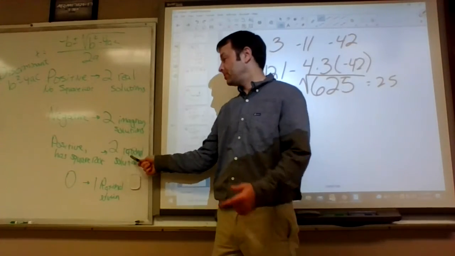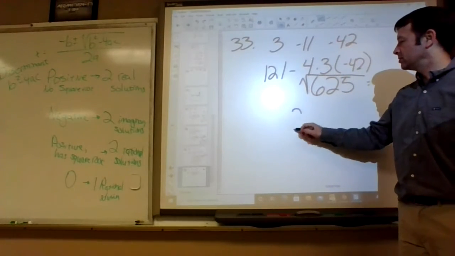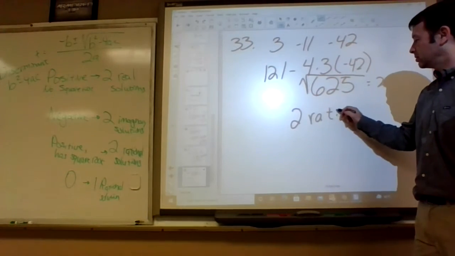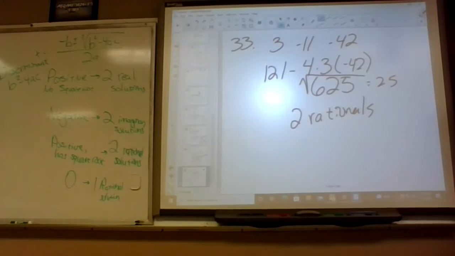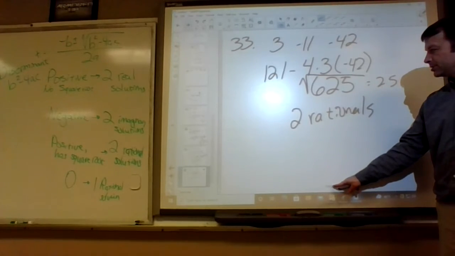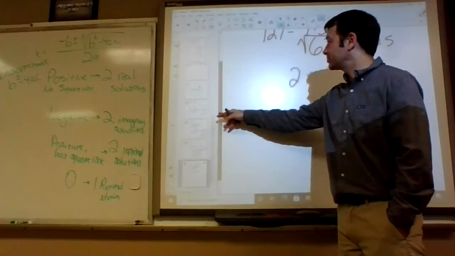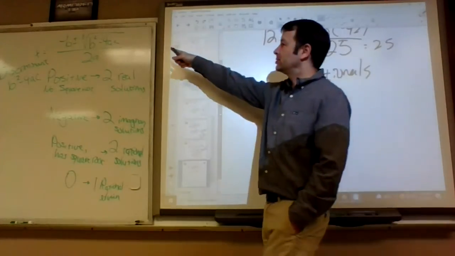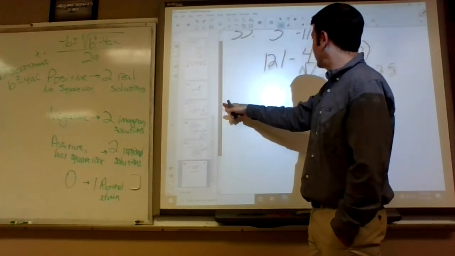Two normal answers. In other words, two rational answers. Two rationals. What's a rational? Anything that can be written as a fraction. That includes whole numbers, integers. All right. What are those two rationals? Well, I already did the square root part, it was 25. So I just need the negative b over 2a part.